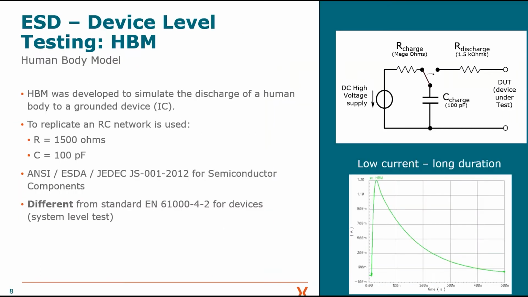So we will go to the device level, and here, as we said previously, we have the human body model, which is very popular in use. It models or simulates the discharge of a human body to a grounded device, for example, an IC. Therefore it's a low current but a long duration, and this is due to the low conductivity of a human body.